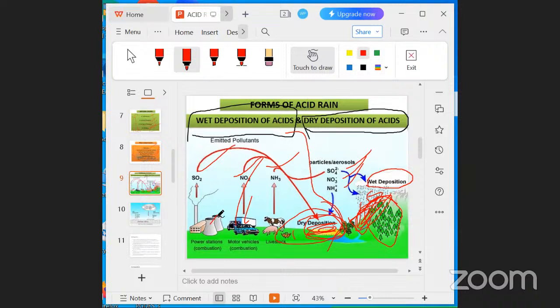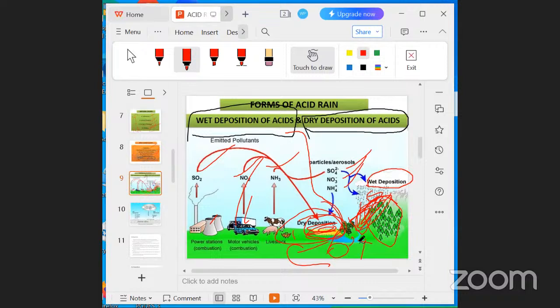So these particles affect the soil fertility and make it unsuitable for growing crops also. Unsuitable for growing crops. So almost 50%, right?